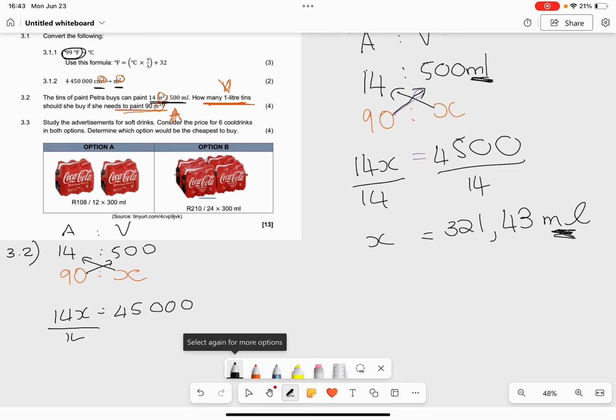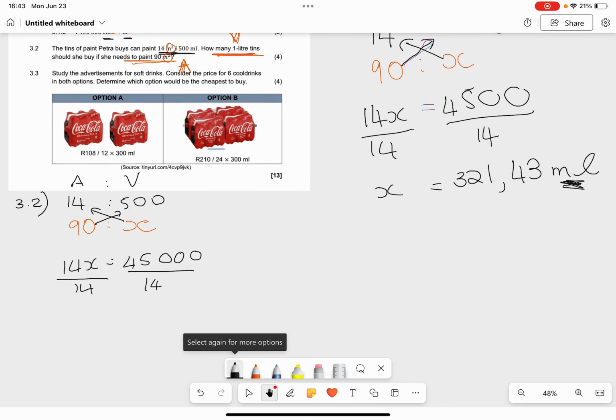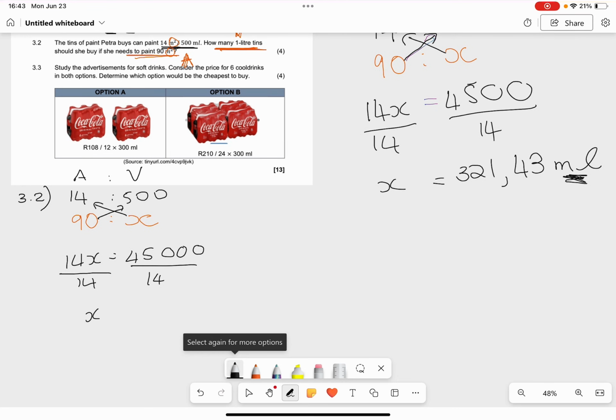Then we're going to divide by 14 so that we can solve for X. And then we end up with X is equal to 3,214.29 milliliters. Remember that we had the volume in milliliters, so even at the end, when we calculate, the volume will still be in milliliters.